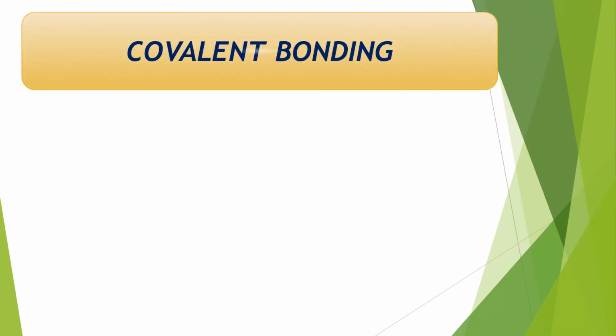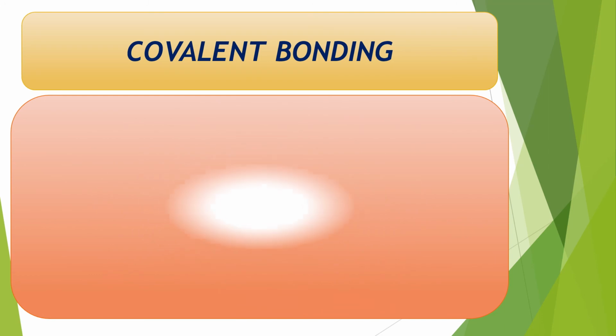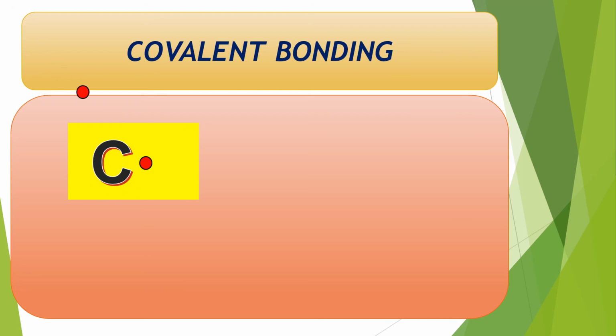Another type of chemical bonding is covalent bond. It is a chemical bond that involves the sharing of electron pairs between atoms. These electron pairs are known as shared pairs or bonding pairs.